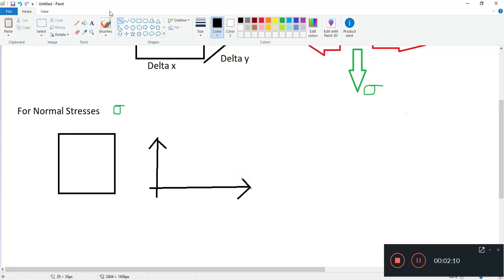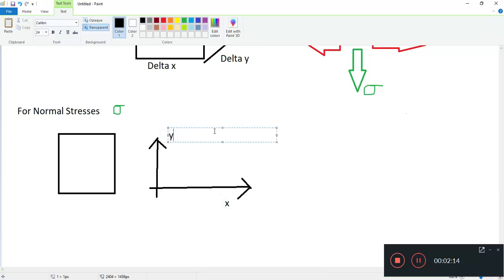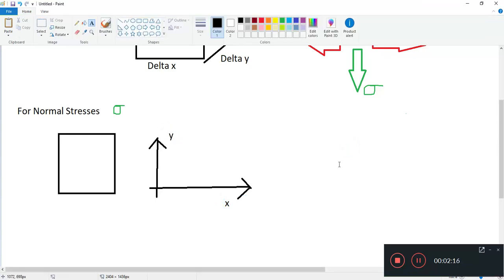So I'll have an x here and a y here. It doesn't matter where that x and y is. You have to look at this box. From the left to the right is increasing x, from the bottom to the top is increasing y.